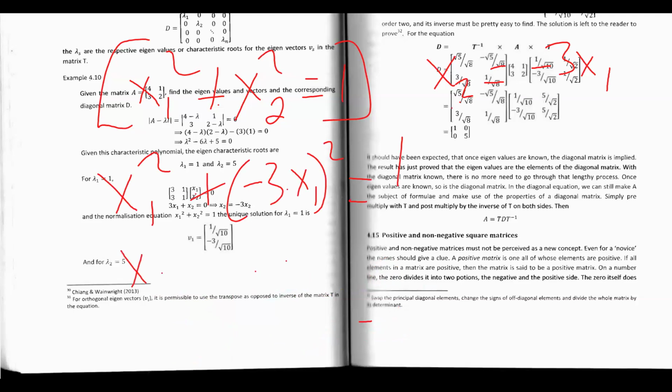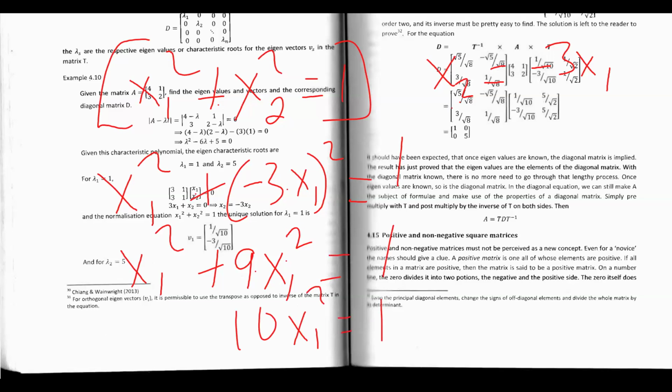So it will be x1 squared plus the negative 3 squared, which is 9, x1 squared equals 1. This will be 10 x1 squared equal to 1. Divide through by 10, so that x1 can be equal to 1 over the root of 10.